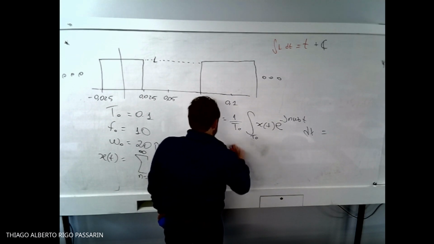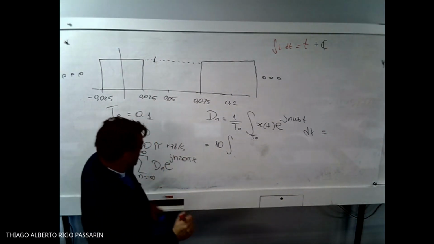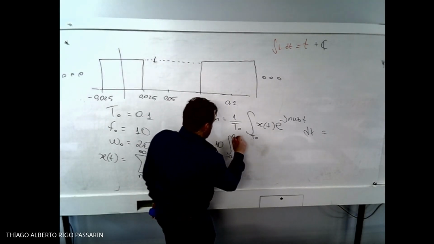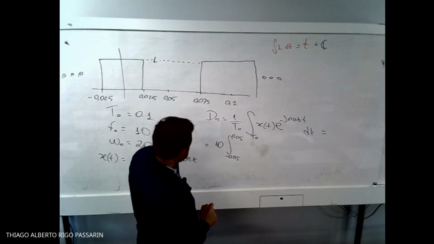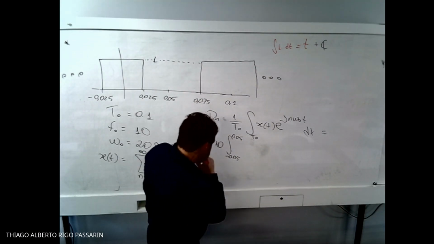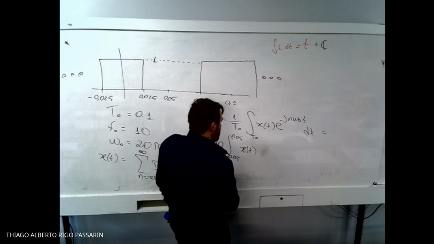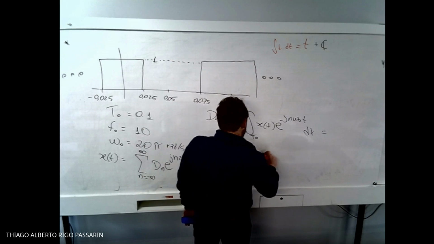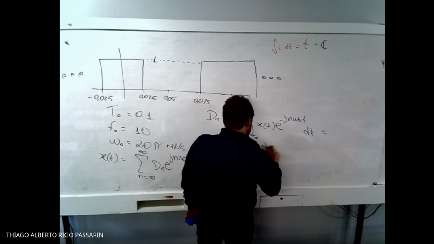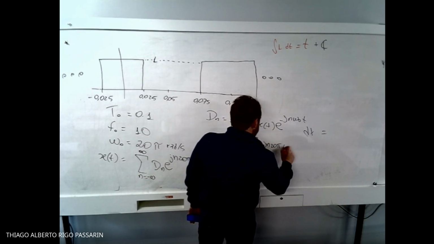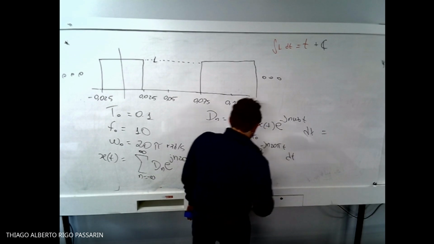Here let's keep it symmetric, going from minus 0.025 to plus 0.025, of x of t e to the minus jn 20 pi t dt.